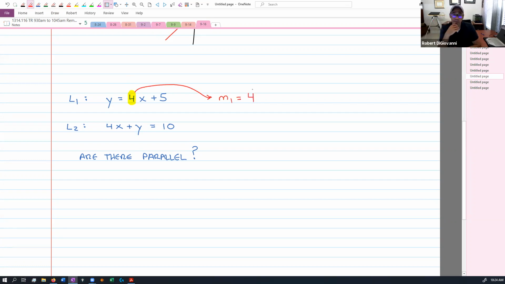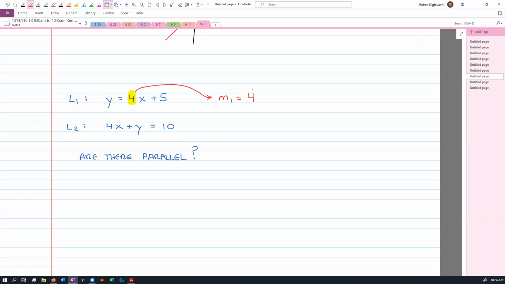Everyone agree? The reason why I could say it so quickly like that is because L1, that equation, was solved for y, right? Why isn't it, if the slope is the same but the b part is different, it could possibly be parallel?